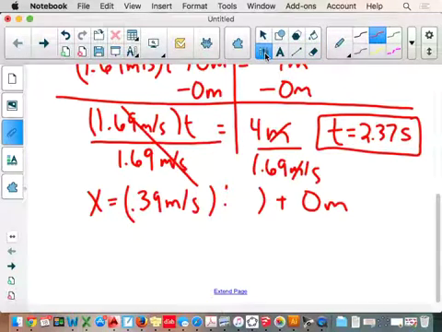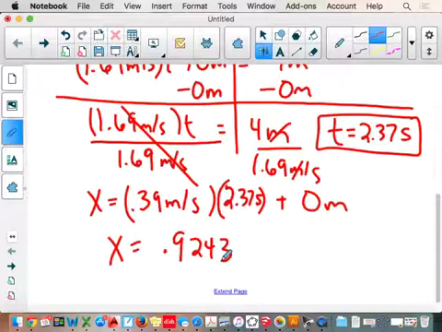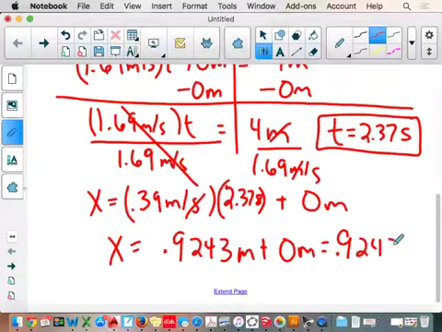Instead of writing t for time, we just figured the time out, and the time was 2.37 seconds. And so to figure out the position of the crash, we're just going to multiply the velocity times the time. I'm going to take 0.39 times 2.37. Again, your numbers are going to be different, but you can at least follow the pattern. 0.9243. And then my units, well, seconds cross out. That's meters. Plus 0 meters is 0.9243 meters.